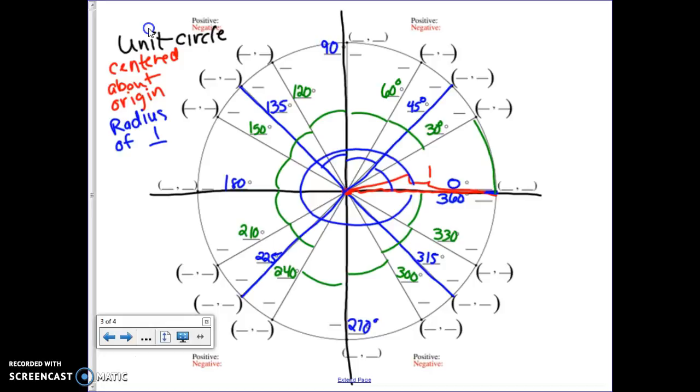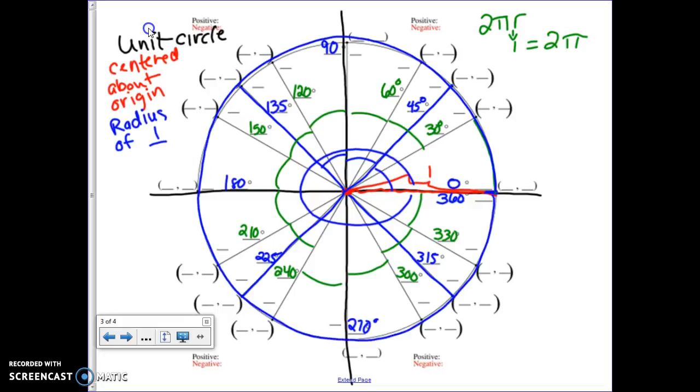The circumference of this circle, if you remember the circumference formula, is 2 pi r. So if our radius is 1, then our circumference is 2 pi. That means the distance the whole way around the outside is 2 pi in length.